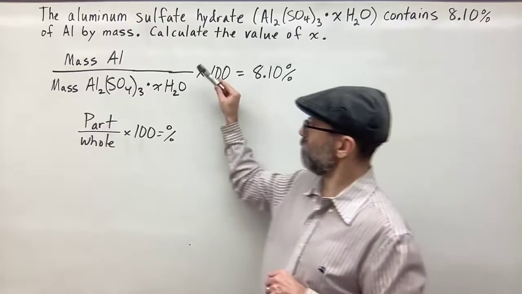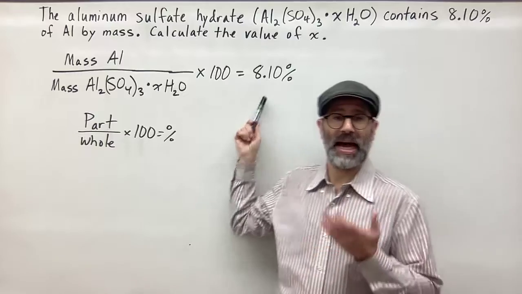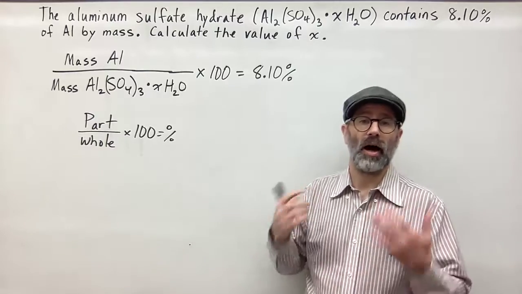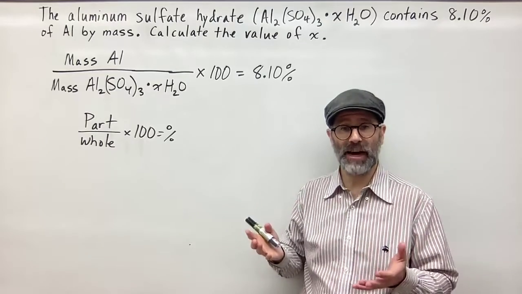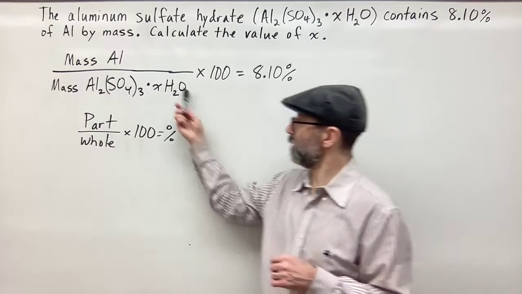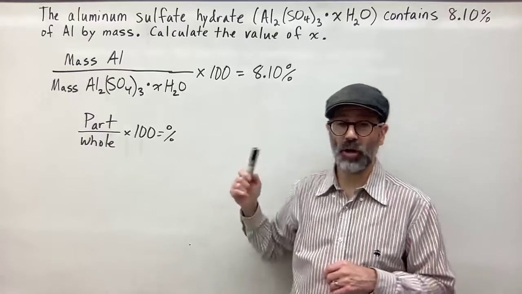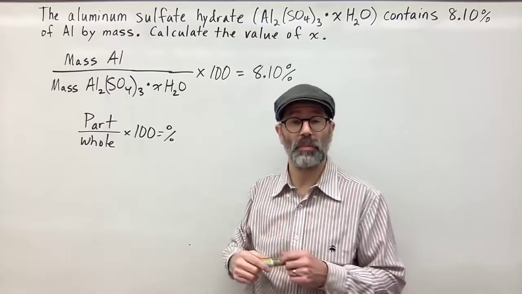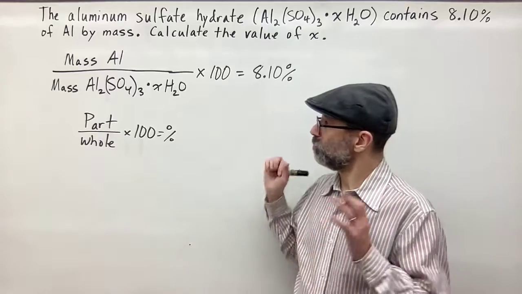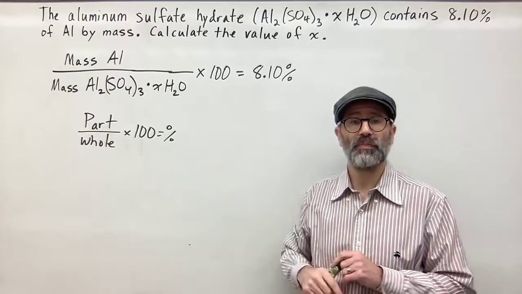So if I have a percent, that means that if 8.10% of this mass is aluminum, then out of 100 grams of this substance here, 8.10 grams of it would be the aluminum, or due to the aluminum. Okay, so where do we go from here?